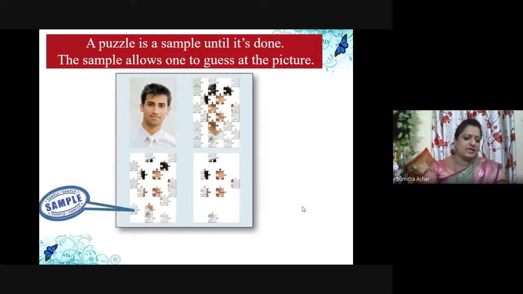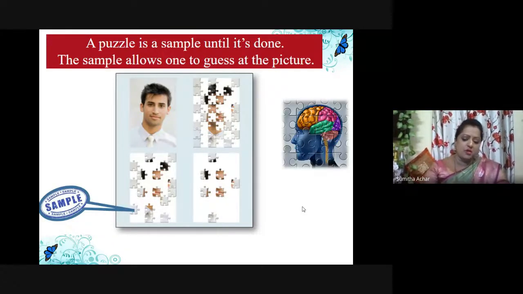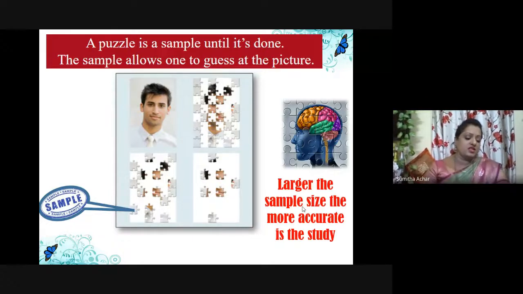These are all samples. What is the understanding here? The larger the sample, the more accurate your study. The more sample pieces of a jigsaw puzzle I get, the more clarity I get on what the picture is all about. So this is exactly the understanding.